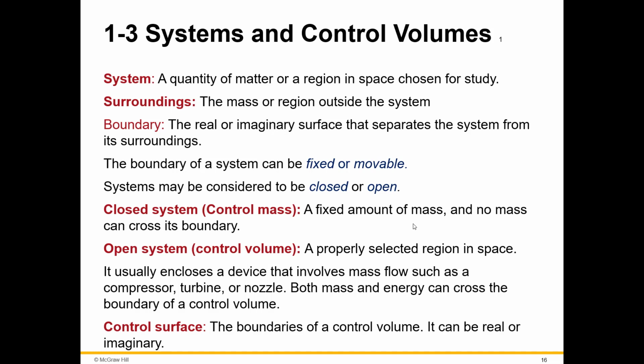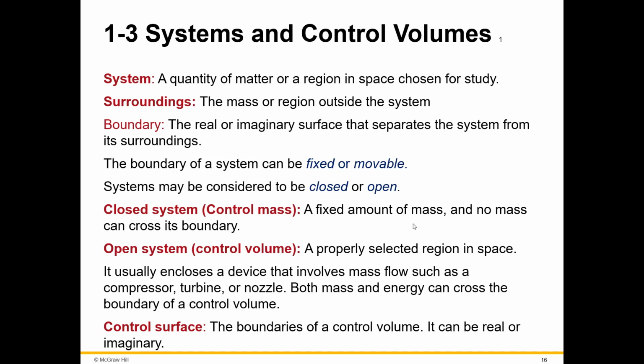It's a physical boundary because I'm concerned about what happens inside the piston. Okay, that's my system. And then surroundings, which is air, everything under the hood, right? Everything within the engine block. That's all my surroundings.